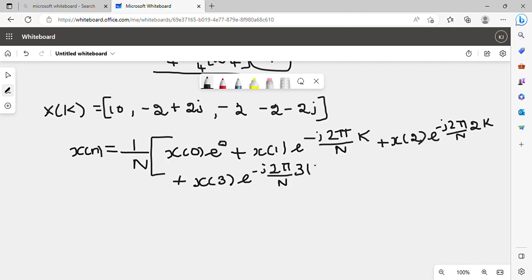It is 3k. So now here you can see that this is the formula, and after this formula you are going to substitute like this.